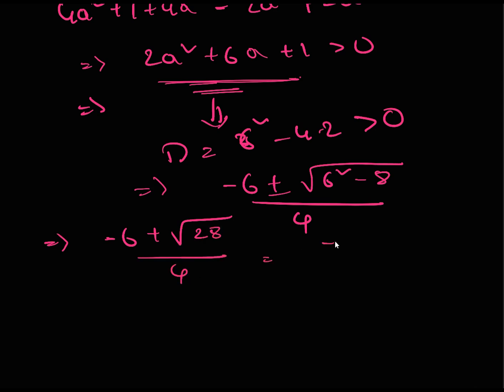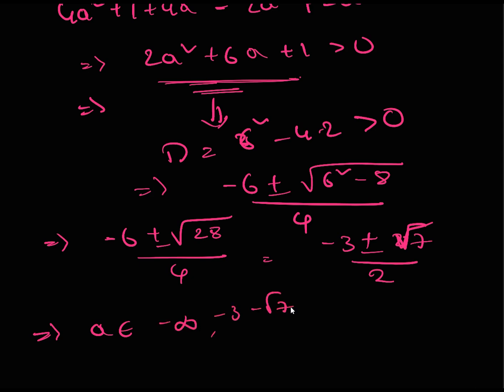That implies we get minus 3 plus or minus root 7 by 2. Therefore, the range of a will be a belongs to minus infinity to (minus 3 minus root 7)/2 union (minus 3 plus root 7)/2 to infinity.